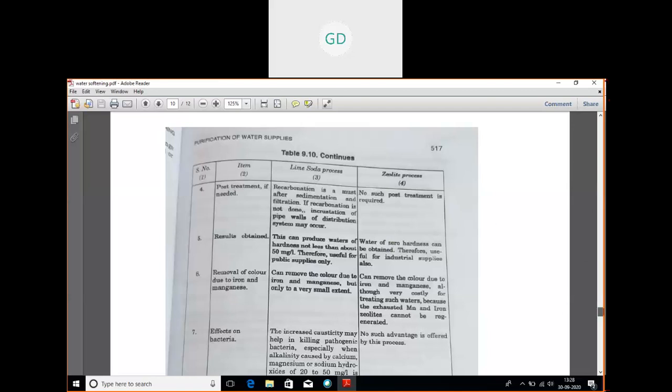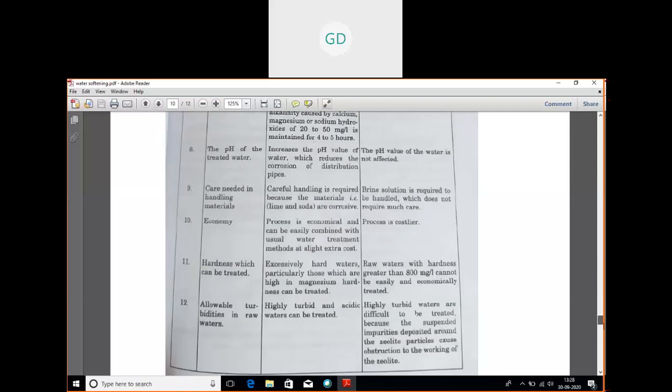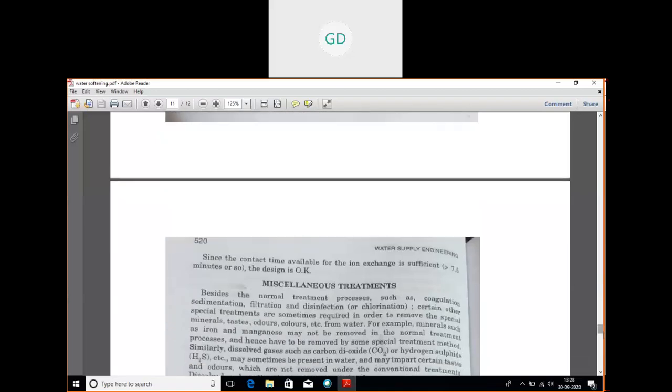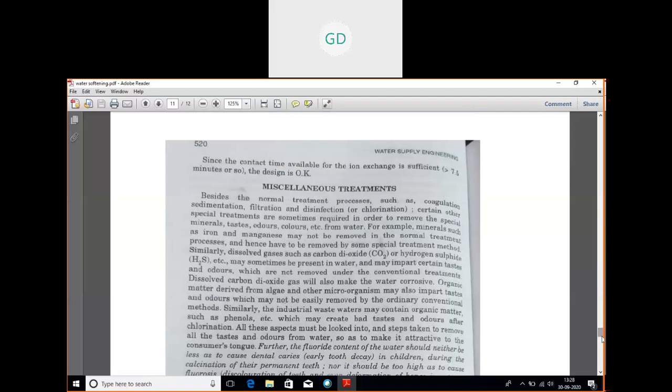After your softening process, your normal treatment process is finished. So softening was the last treatment process, but actually after softening there are still some minerals, like iron and manganese, and also certain taste, odor, and color.